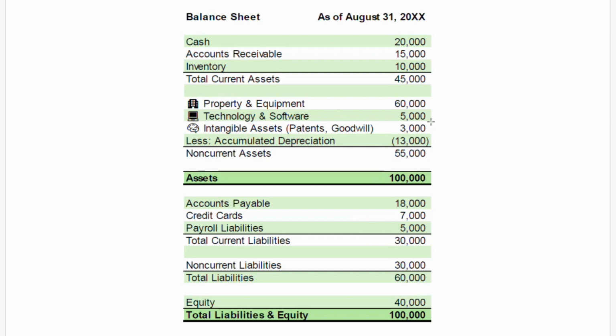I don't know if you've ever watched Shark Tank, but the sharks are always asking the presenters if they have patents pending or whatever the case may be, because there's a lot of value in having those ideas protected. And again, it's intangible. You can't go out and touch it, but it still has value.